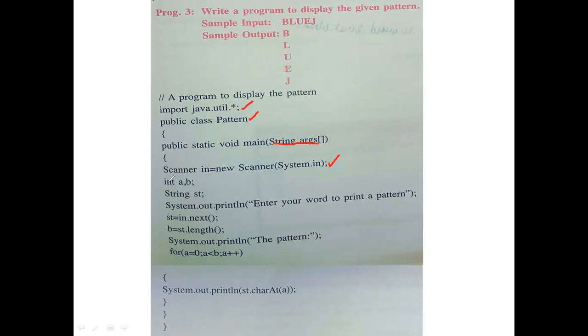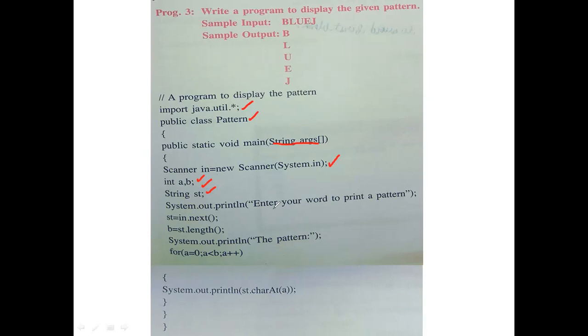Then int a, b variables are declared, and a string variable st. String programs usually have a string variable, integer variable, and character variable, but here he has not used a character variable. Int and string he has used.